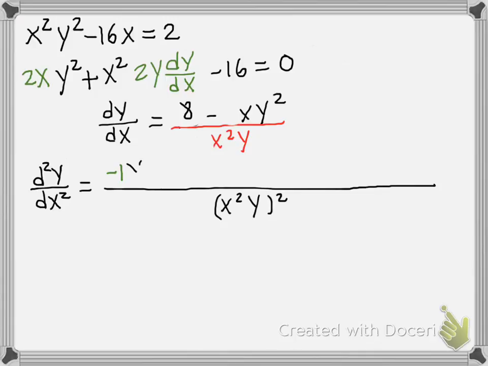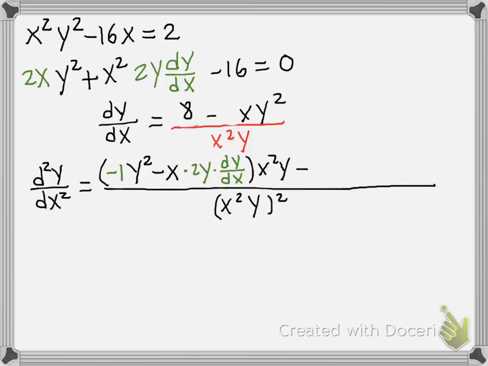times y squared minus x times 2y times dy over dx. We multiply this by the denominator, x squared y.